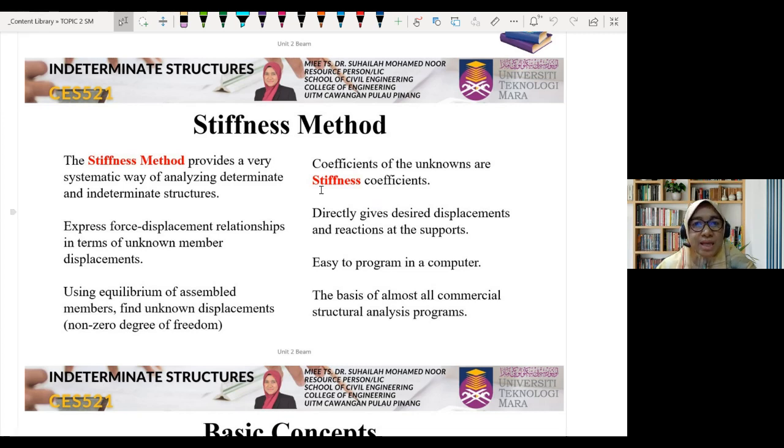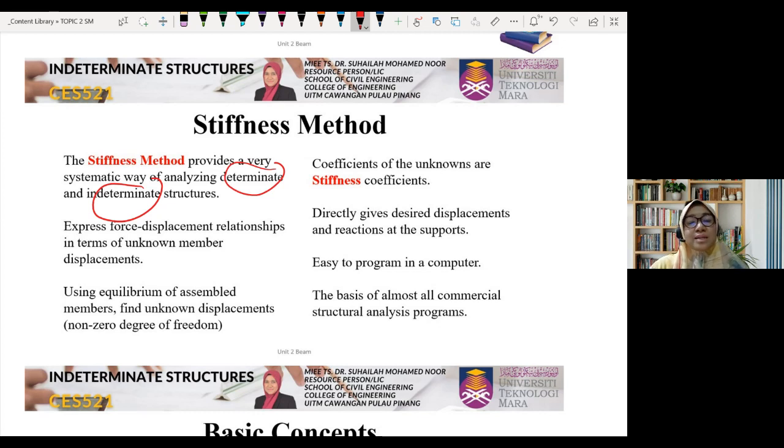This is the advantage of using stiffness method, because we can use it to analyze both determinate as well as indeterminate structure. Compared to the flexibility method, which we use to analyze only indeterminate structure, the stiffness method can analyze both determinate and indeterminate structure.